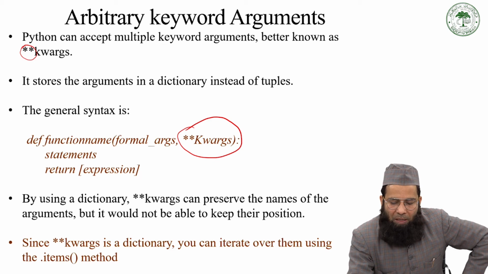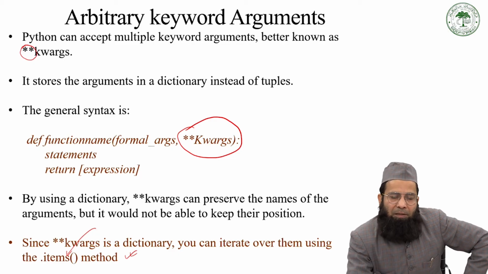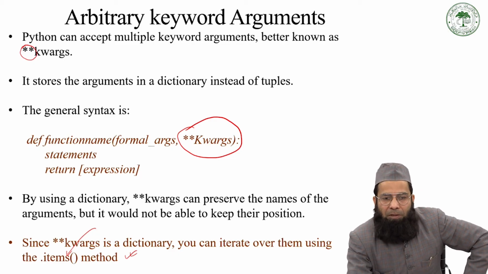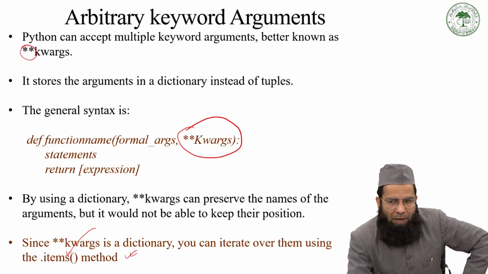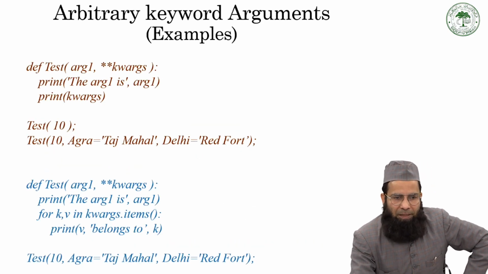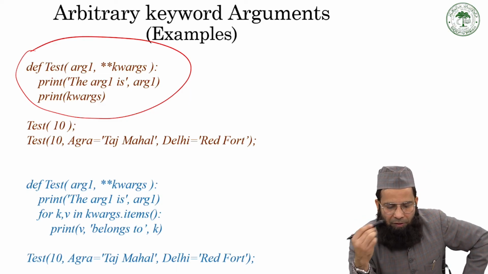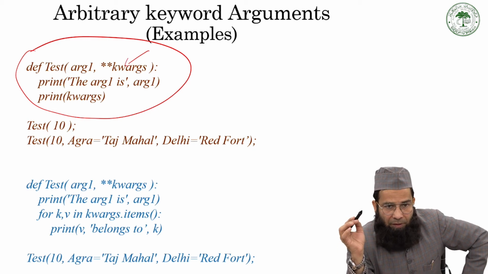Since kwargs is a dictionary, you can iterate over it using the items method. The items method is a special dictionary method, and using this function I can read the keys as well as the values. So I can read both key-value pairs using the items method. There is an example here. So this is the function, right? A function definition where I am using an arbitrary keyword argument.